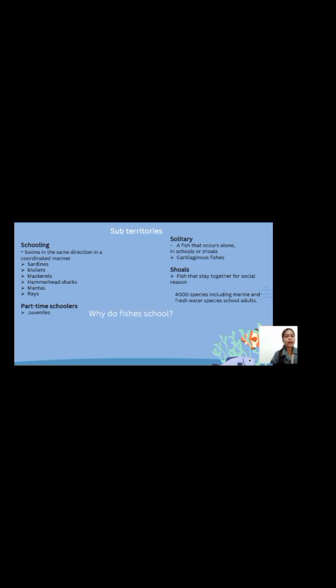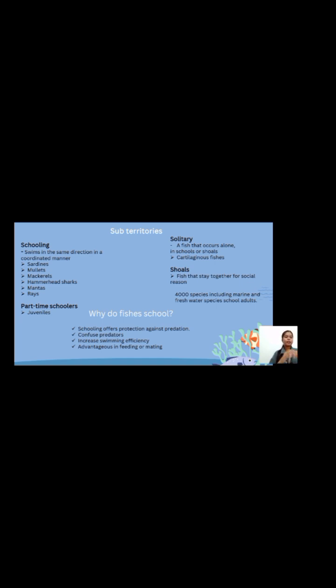So, why do fishes school? What is the importance of swimming together in a school? The answer is that schooling offers protection against predation, confuses predators, increases swimming efficiency, and gives advantages in feeding or mating.